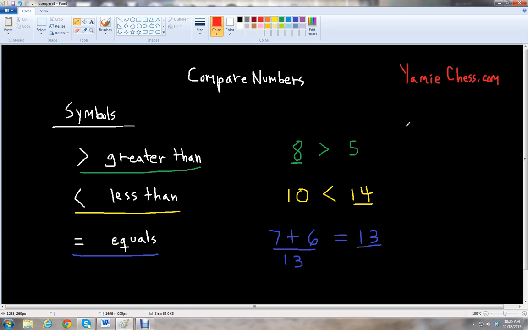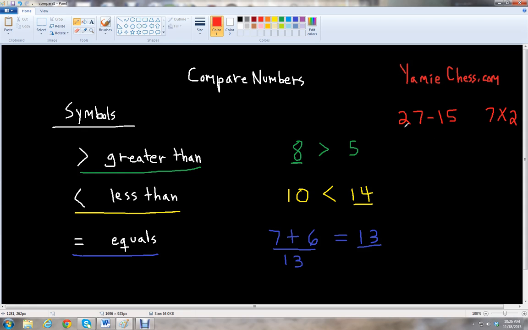So if we have something like 27 minus 15, and then we want to compare that to 7 times 2.